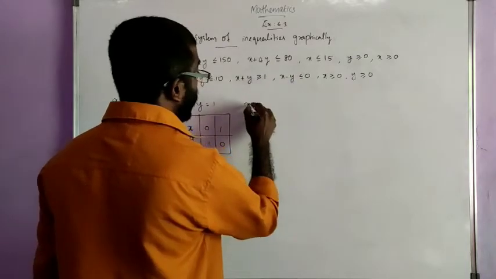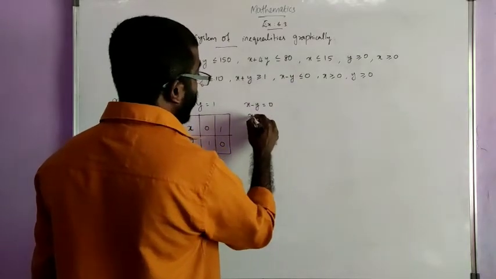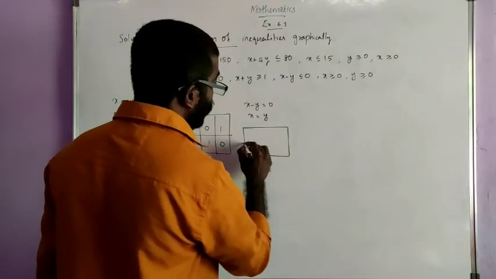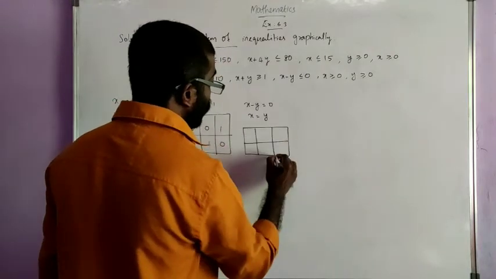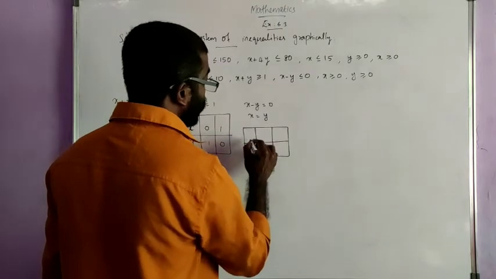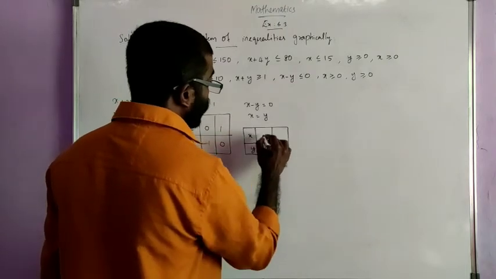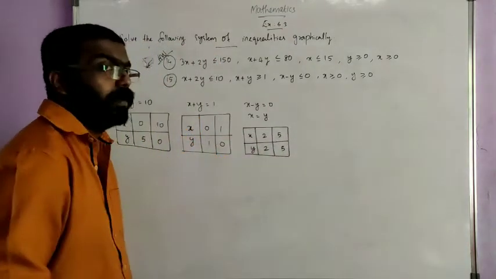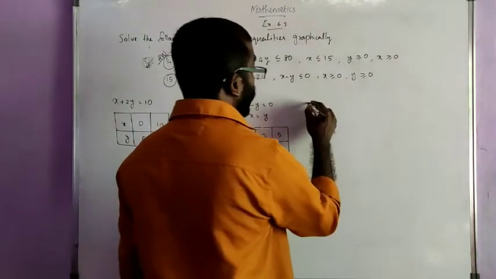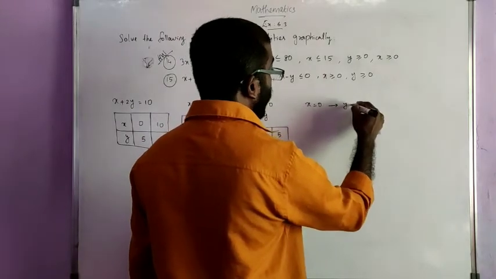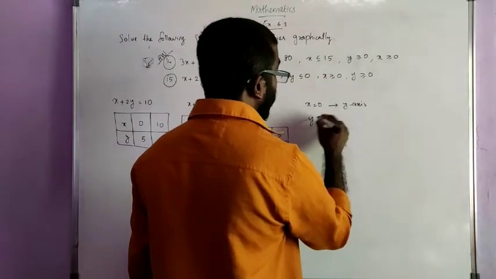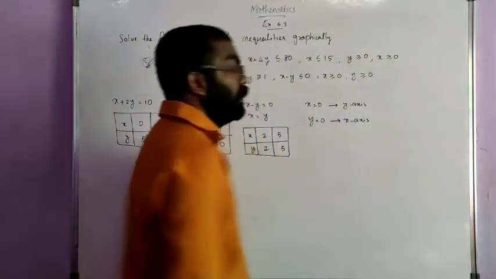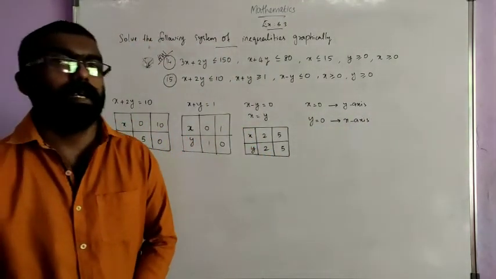Then x minus y is equal to 0, or we can write x equal to y, an identity function: x equal to 2, y equal to 2, or x equal to 5, y is also 5. Now x greater than or equal to 0, x equal to 0, that is the y-axis, and y greater than or equal to 0, that is y equal to 0, the x-axis. Now we can draw the corresponding graph.